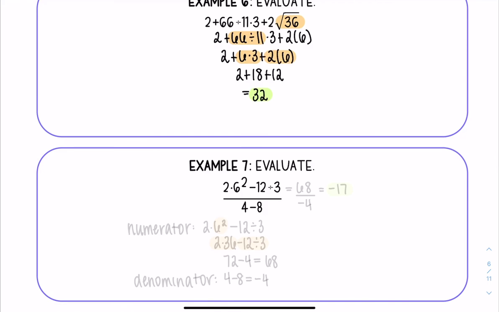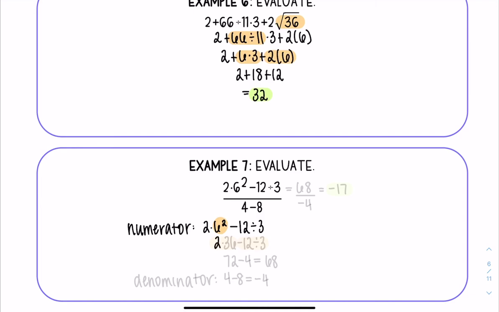And for the last example, we want to do the numerator and the denominator separately, and then see if we can divide and make this a nice number. So looking at the numerator first, we've got 2 times 6 squared minus 12 divided by 3. So we don't have any grouping symbols, but we can raise that 6 squared.